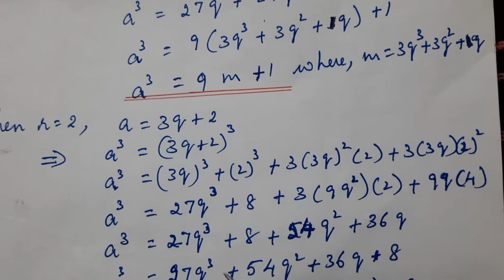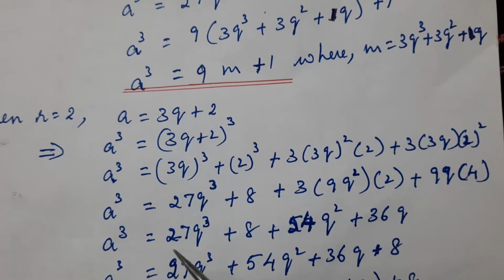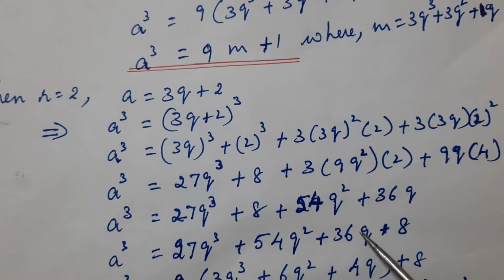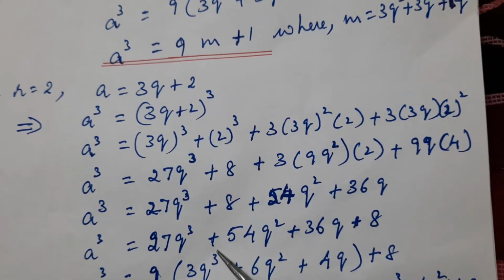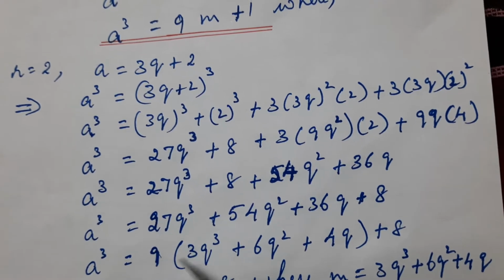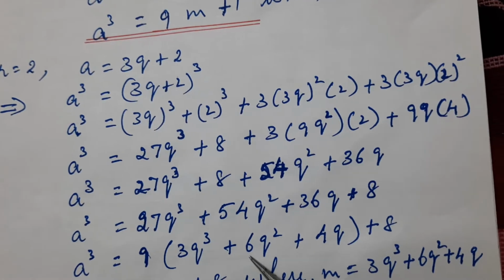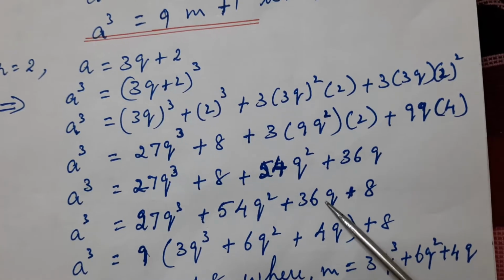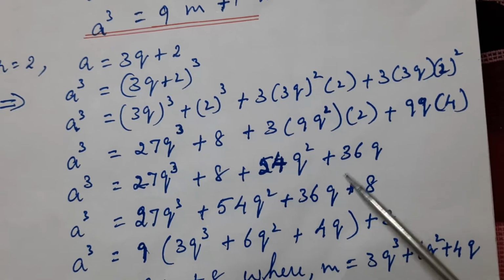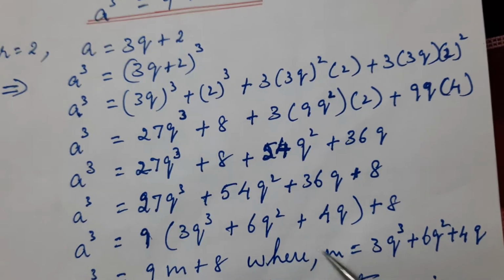Now since we have to bring it to the form 9m plus 8, bring this 8 separately and group the others together. I have taken 9 outside. 27 divided by 9 is 3, 3q cube. 54 divided by 9 is 6, 6q square. 36 divided by 9 is 4, 4q, plus 8. Whatever is inside the bracket, take it as m.